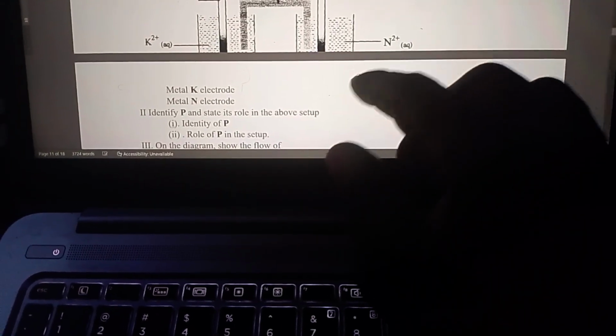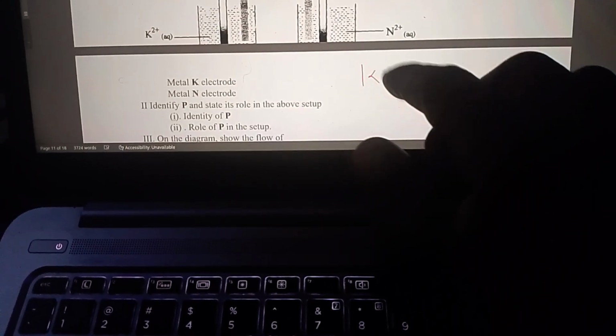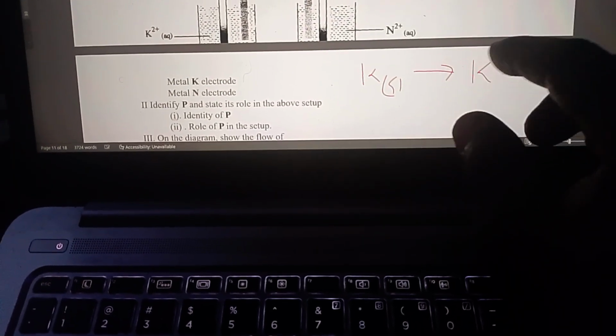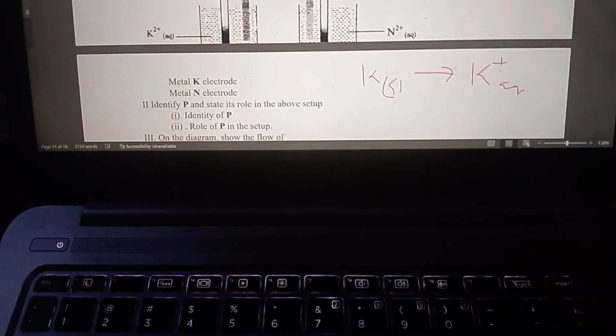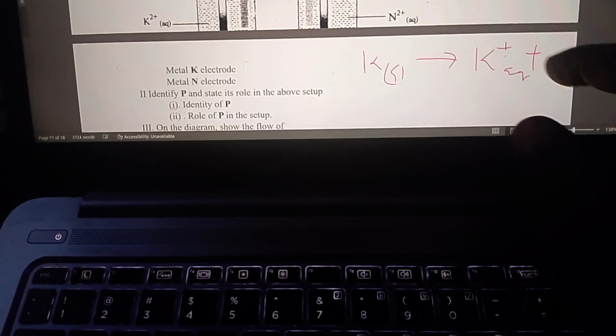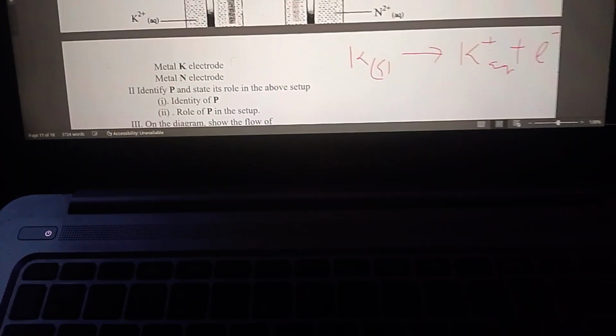So we shall be having K atom, which is a solid, losing electrons to form a K positive ion, and these ions are going to dissolve in the solution, and you can get that electron here independently. That electron is going to rise up and go through that wire there. I'll tell you why this electron goes this direction.